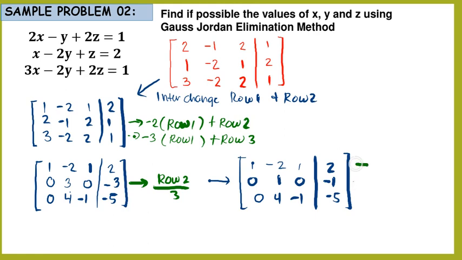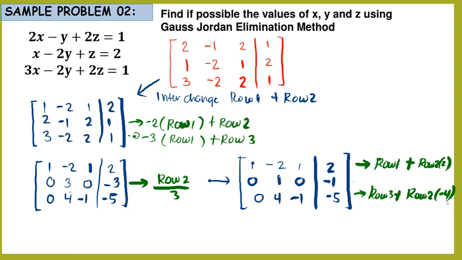So, for row 1, to make negative 2 into 0, we need row 1 plus our row 2 times 2. And for our row 3, para maging 0 yung 4 natin, row 3 plus row 2 times negative 4.